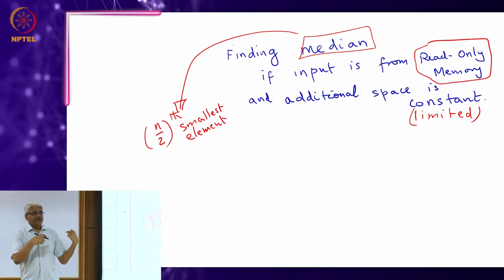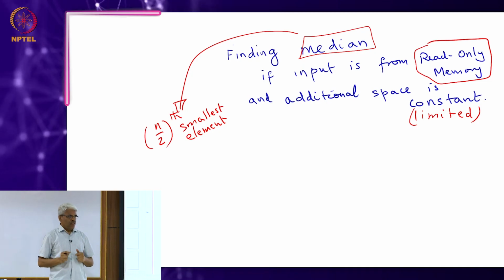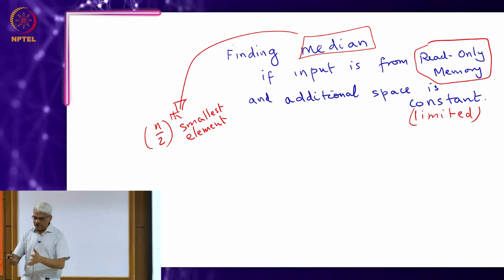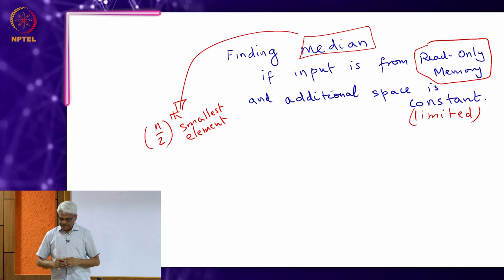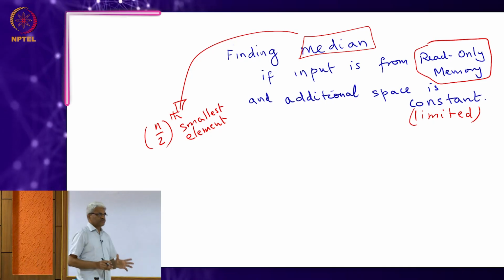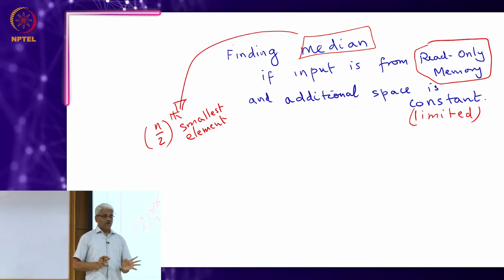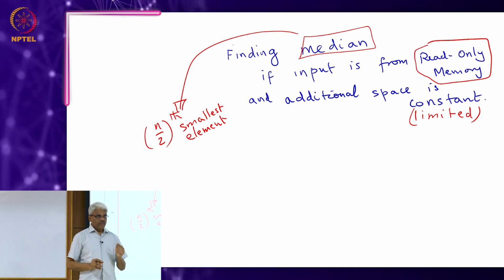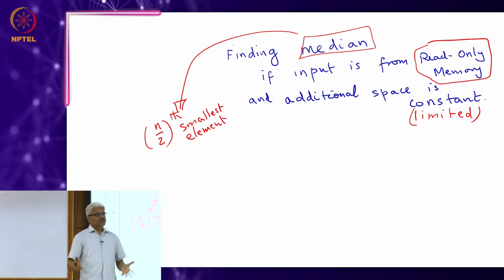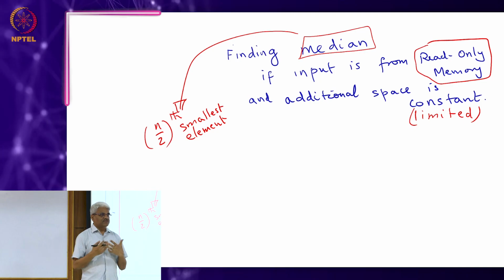If I apply the same algorithm which we saw in the first session, you'll need some order n space, which is too much. So the question I'm asking is, I want to find the median, and I have, let's say, constant space. Maybe one or two variables, 5, some constant independent of n is the amount of extra variables you're allowed. I want to find the median. Let's think of some algorithm.